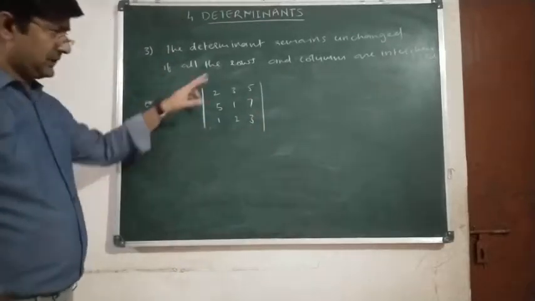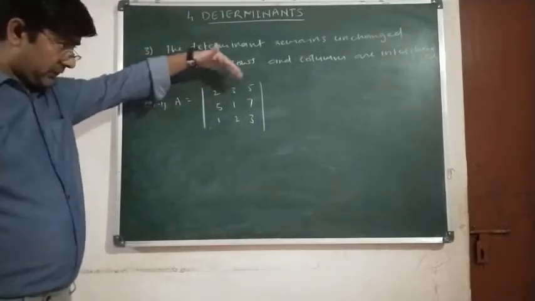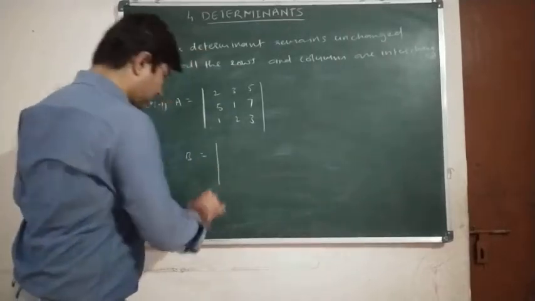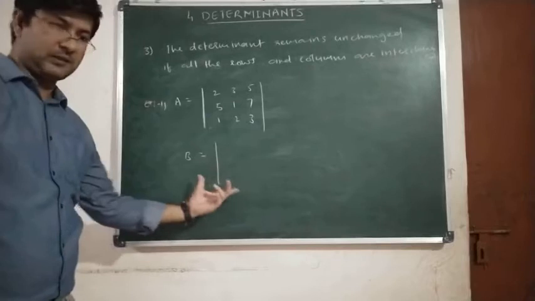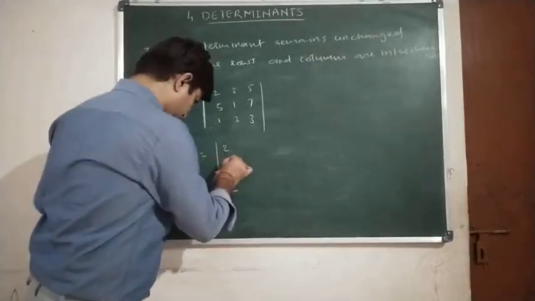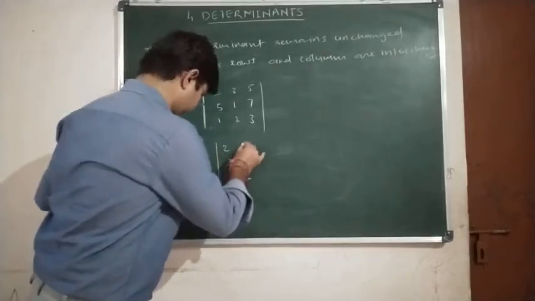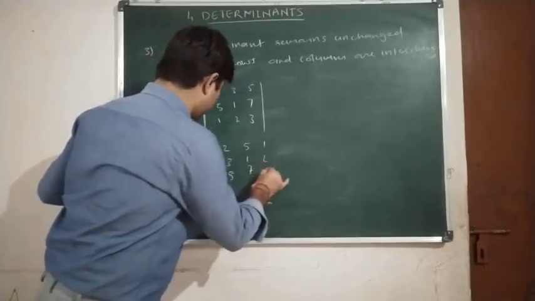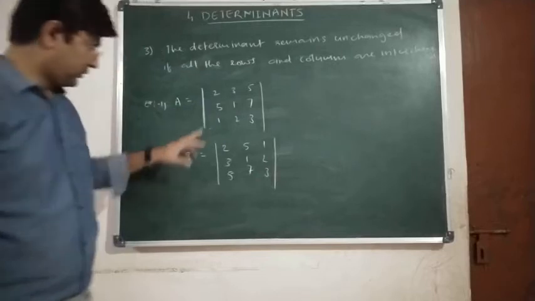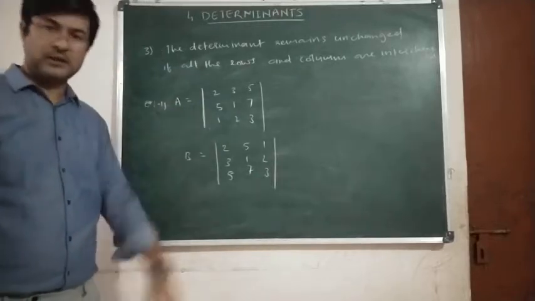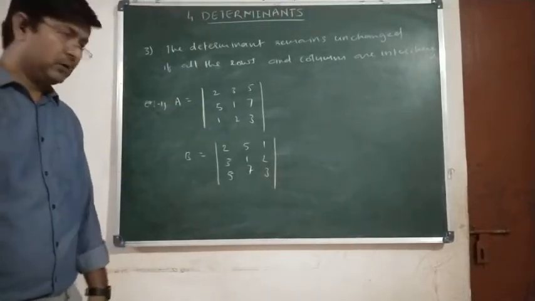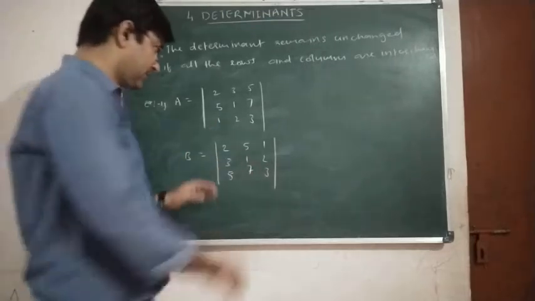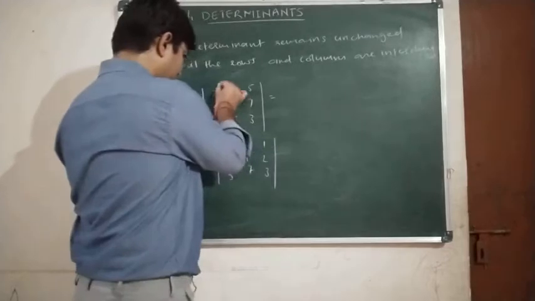Now if we change all the rows into columns, we will get another determinant: 2, 3, 5, then 5, 1, 7 and 1, 2, 3. The values of both these determinants will remain the same. This fact you can check by expanding and finding the value. So let us quickly find out.